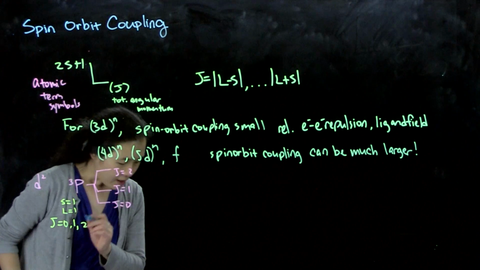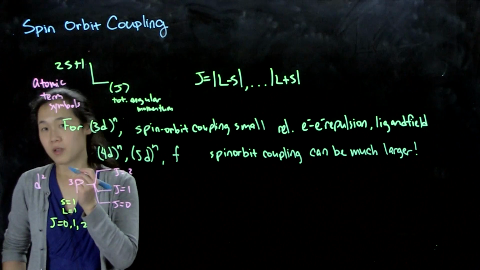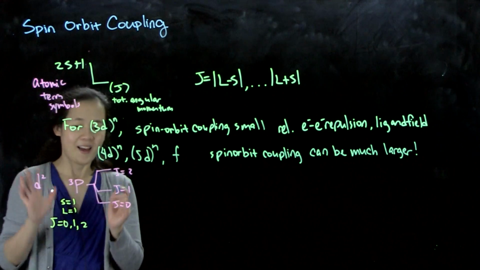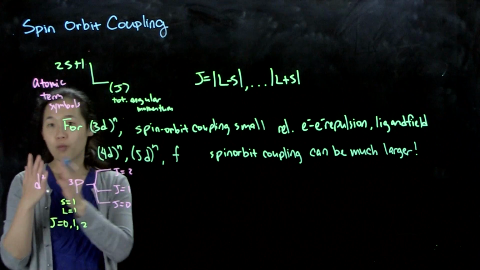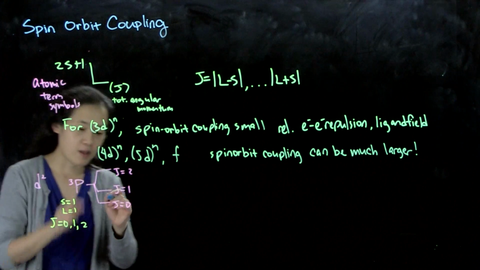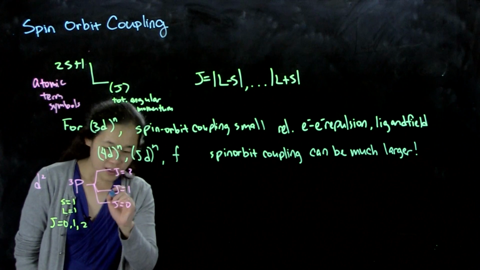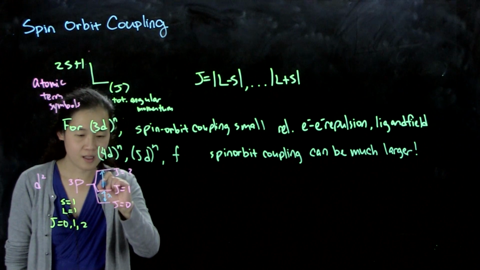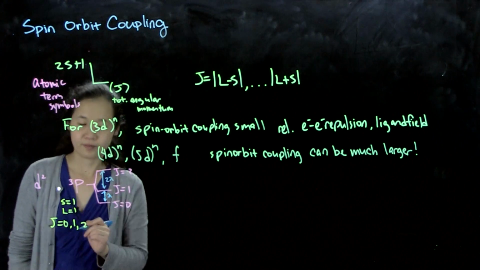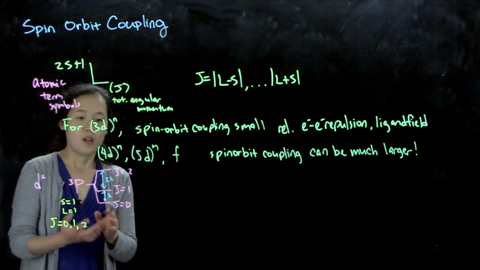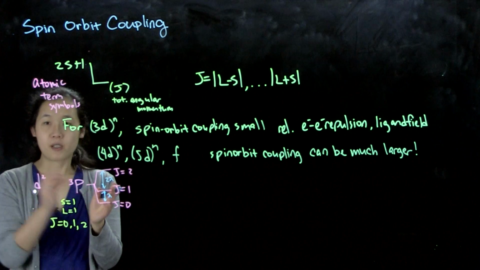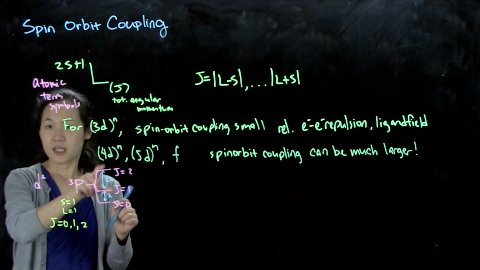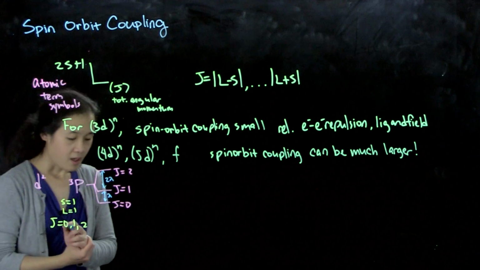And then we have what's called the spin-orbit coupling parameter. There's an eta term, or is it a zeta? Anyway, it looks like this. But then multiplied out by L times S, this splitting is usually referred to as lambda. So this difference is lambda. This difference is 2 lambda. How much spin-orbit coupling there is between our orbital angular momentum and our spin angular momentum dictates how big lambda is.